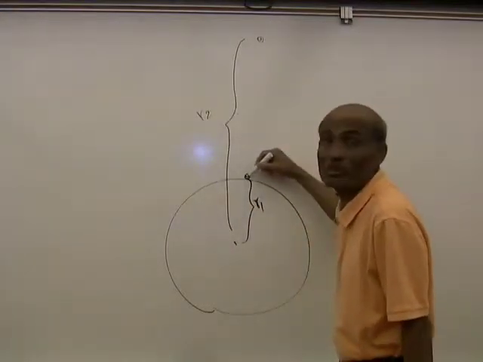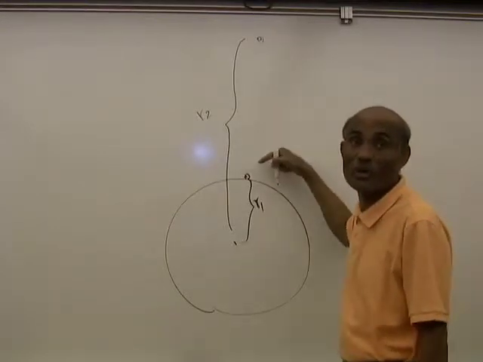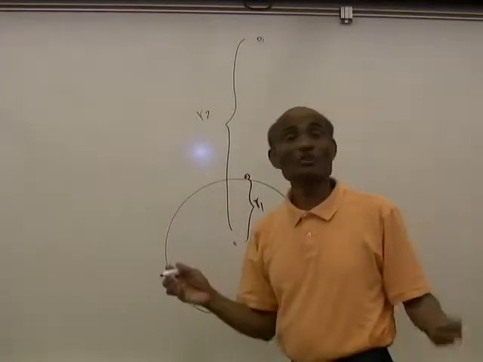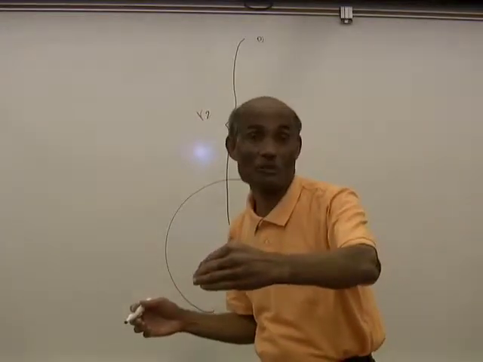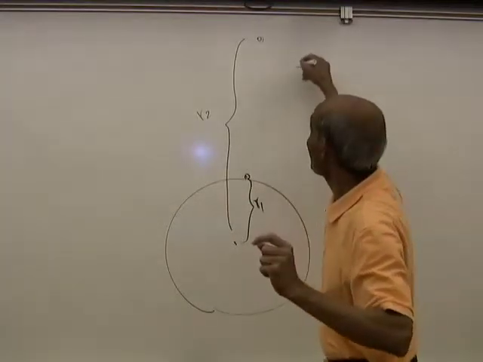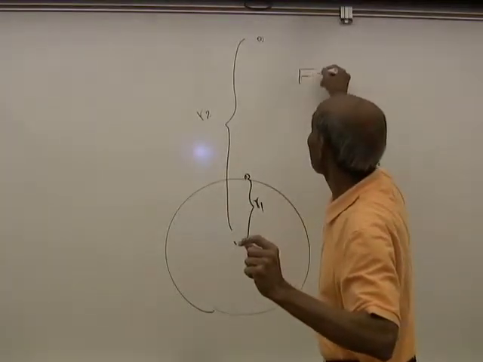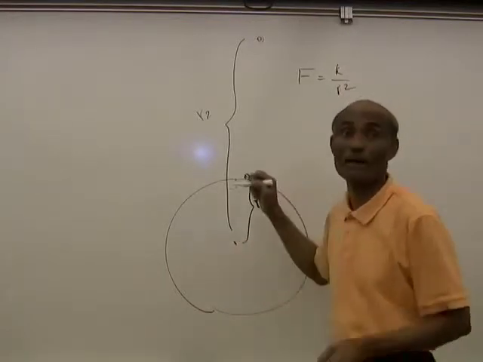So we need to lift the object from a distance r1 to a distance r2, and you cannot use work done equal to force multiplied by displacement, because the force will keep on changing. Now, what is the nature of that force? We said that force equal to k over r squared.